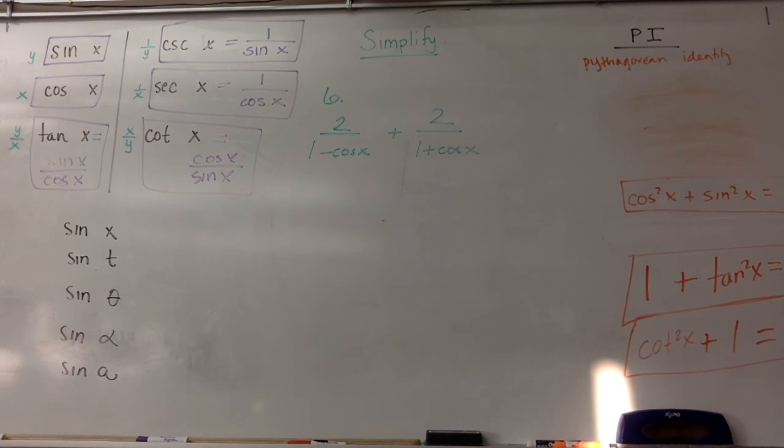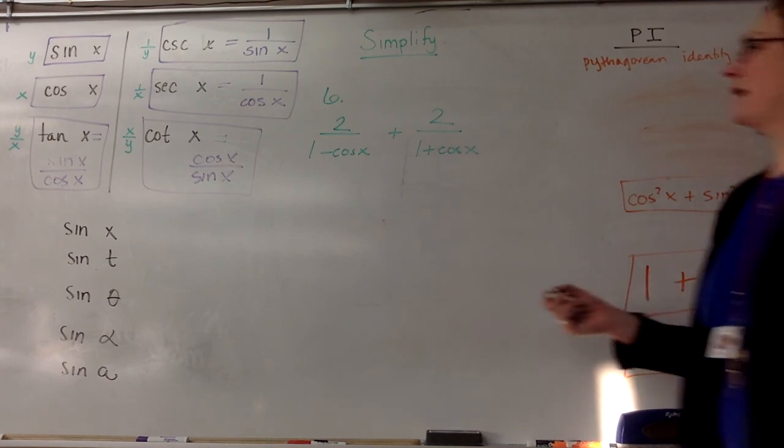Your friend fractions are back. Yay. We covered imaginaries with conjugates. You're going to need conjugates a lot in this section as well. So overall, the LCD is going to be 1 minus cosine x times 1 plus cosine x. Yes, LCD-wise? All right, so let's do that.